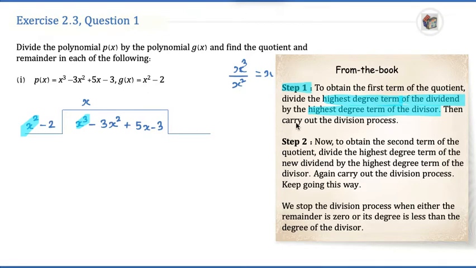Then what you do is you carry out the division process. What that means is you just continue with this one term and you multiply this with the other terms of the divisor as well. Think carefully. What really happens is that when you multiply this x with x squared, that is how you get the x cubed. But you will also have to multiply it with the remaining terms of the divisor.